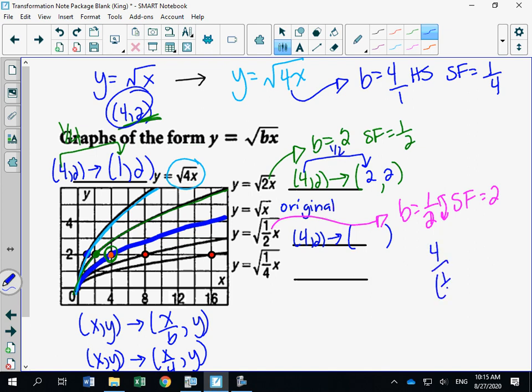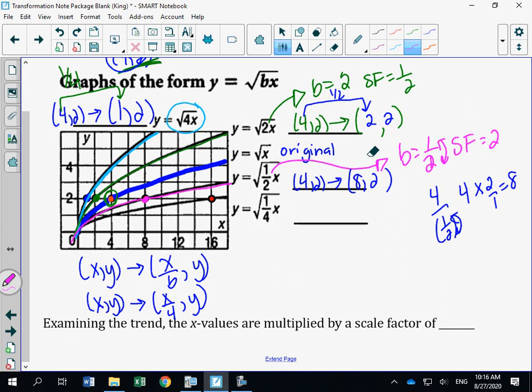That's the same thing as 4 times the reciprocal, 2 over 1, which is 8. You could do 4 divided by your b value, so 4 divided by 1/2, or you could just multiply that 4 by the stretch factor. So 4 times the stretch factor is 8, and our y value stays the same. So that point, 8, 2, is right here, and that would be this guy here.